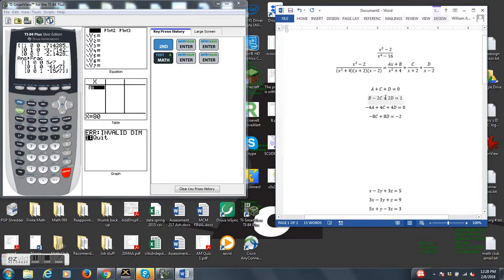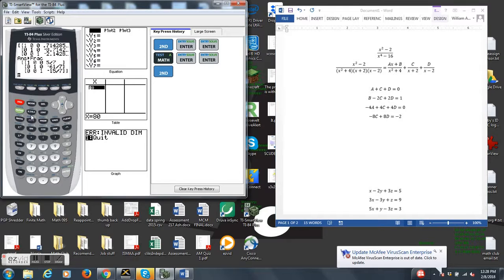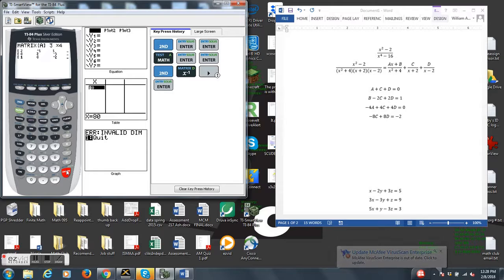I had gotten to this. Okay. So, I'm going to put it in my matrix. Okay, so matrix. I'm going to edit matrix A. Now this has 4 rows and 5 columns, right? A, B, C, D, and the answer, right?